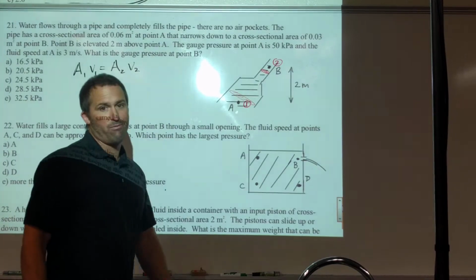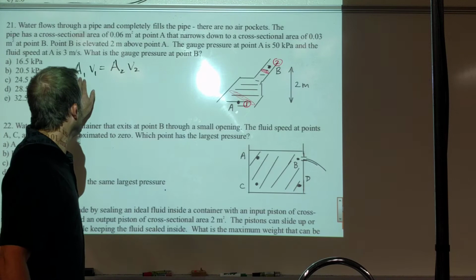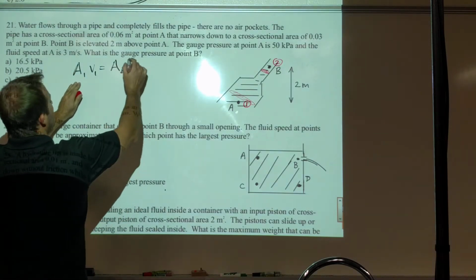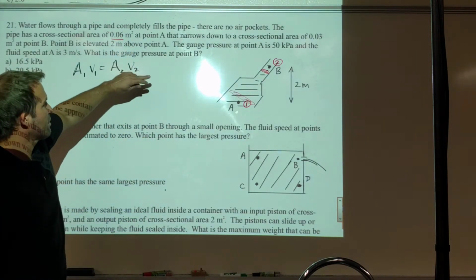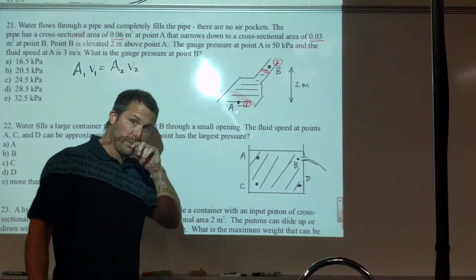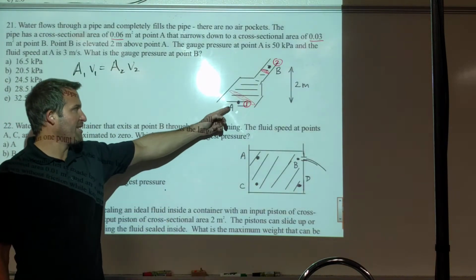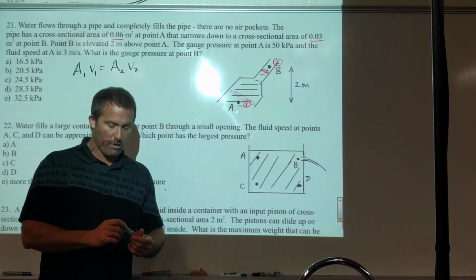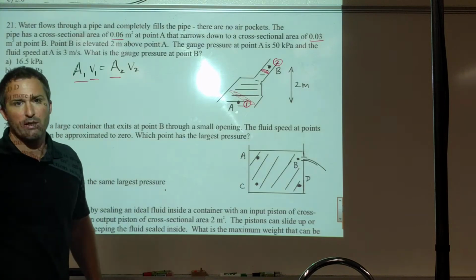We don't have to think too hard about this because it just gives us those two cross-sectional areas. The cross-sectional area at point A is 0.06, and the cross-sectional area at the second point is 0.03. It's half as large. What do V1 and V2 represent? V1 and V2 represent the speed that the fluid is moving at, and we're also given V1. So actually we have 3 out of these 4 quantities.